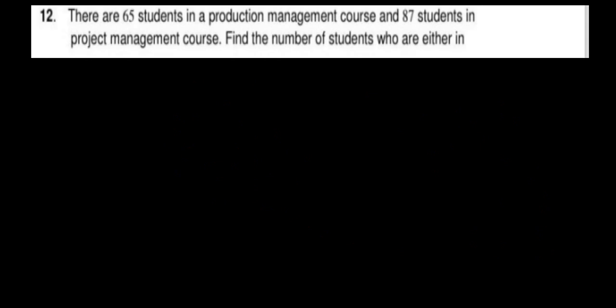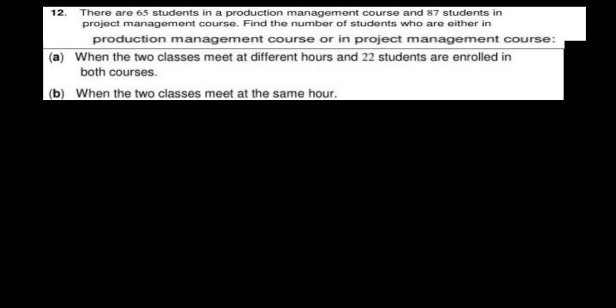There are 65 students in production management course and 87 students in project management course. Find the number of students who are in either. This one I didn't finish, but what I'm going to do is, all right, okay, this is a question.